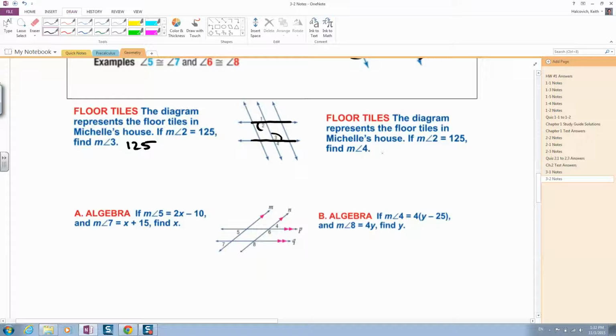Well, angle 3 plus angle 4 is equal to 180, and I know that angle 3 is 125. So 125 plus the measure of angle 4 equals 180. Don't forget the measure. So then when I subtract, the measure of angle 4 is equal to 55.